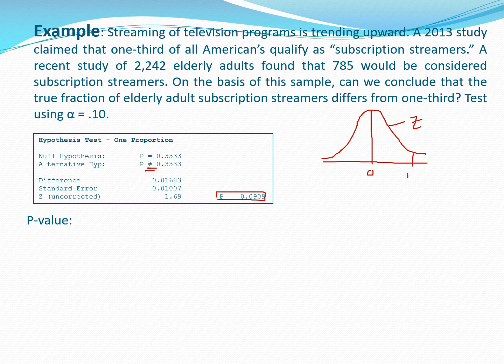Let's put the test statistic out here at 1.69, and then the p-value looks at what test statistics are further out there in the tail. Well, further out in the tail when you're doing a not equal to test include all these guys and all of these guys out here. These two shaded regions together, if you go to the Z table, are 0.0909.